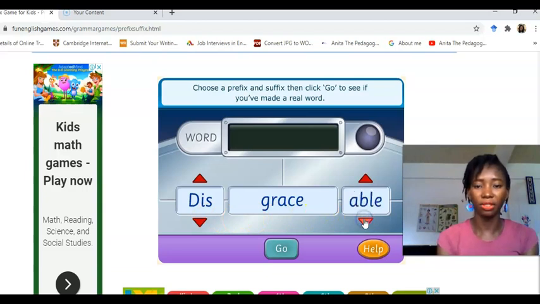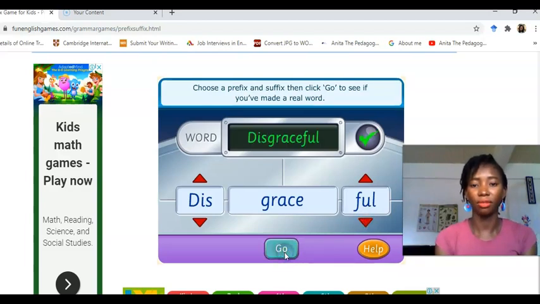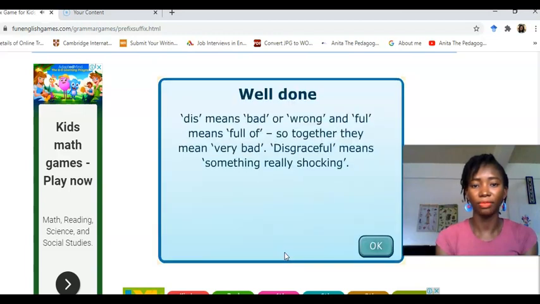After choosing the right prefix, you choose the right suffix, and then together make a new word. Then you are given the meanings of the prefixes, the suffixes, and the meaning of the word together.